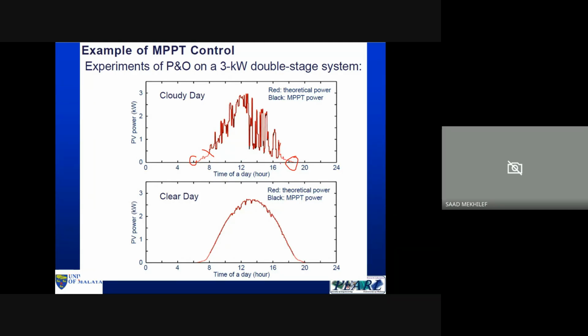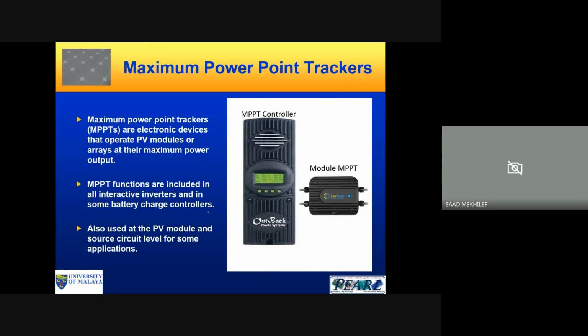But you can clearly see it overlaps with the system, and here we are able to reach almost 3 kilowatts of power. On a clear day, you can see there are fewer oscillations due to the clear weather. And the MPPT is able to track the maximum power and make sure the system is always operating at maximum power. You may see here this doesn't change much, but it's quite important. Okay.